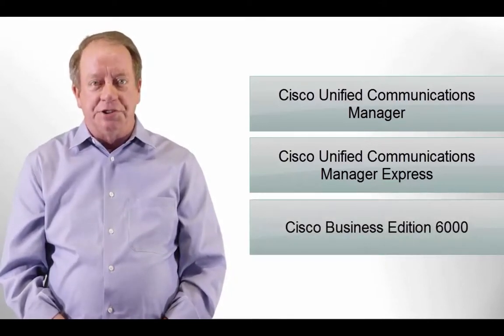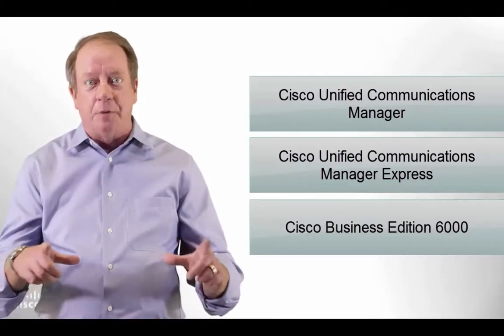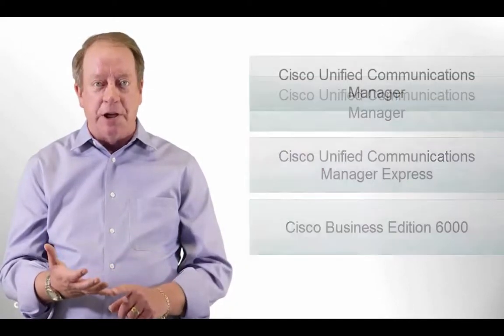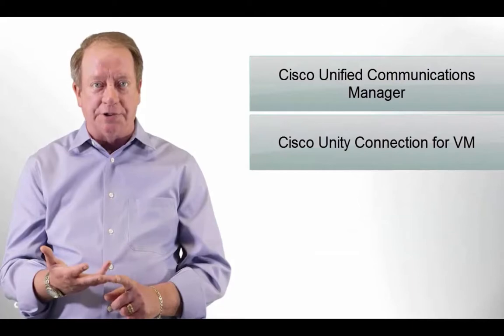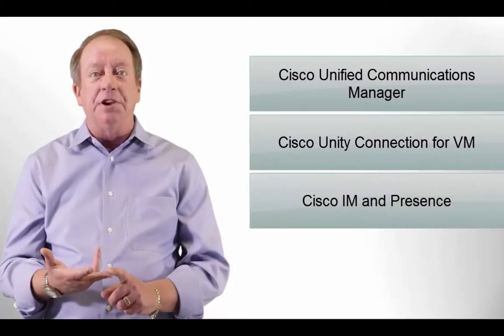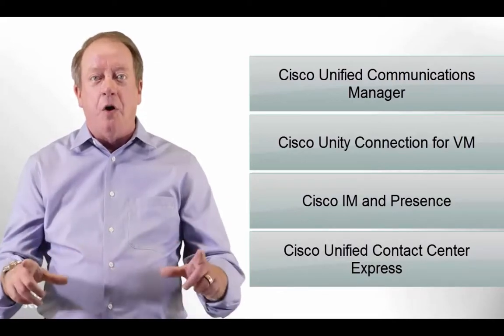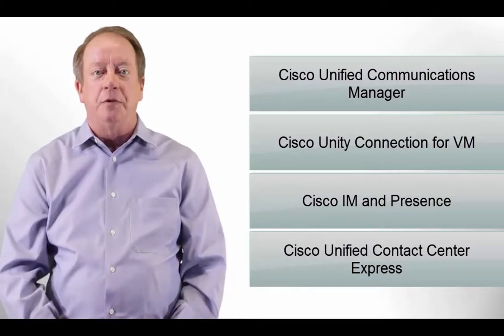The Business Edition 6000 is a really neat server-based solution that has a virtualized instance of Communication Manager, also a voicemail system called Unity Connection, instant messaging and presence system, and also Contact Center Express, all virtualized on one server for up to 1,000 users. We will also take a look at Cisco's VCS system in order to register legacy H.323 and SIP endpoints.